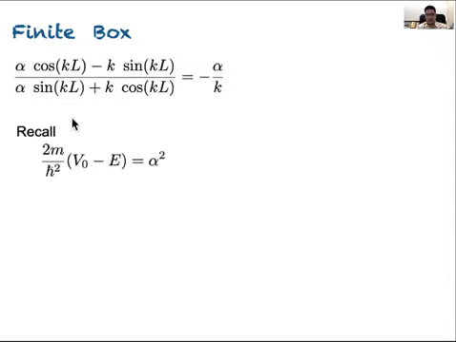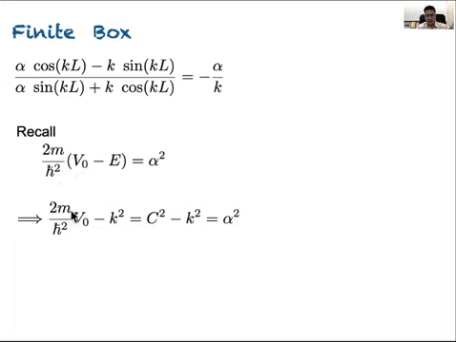Now let's recall what our alpha is. Our alpha was 2m divided by h cross squared times V naught minus E. So now if we want to express everything in one form, let's multiply this 2m divided by h cross squared into this one.